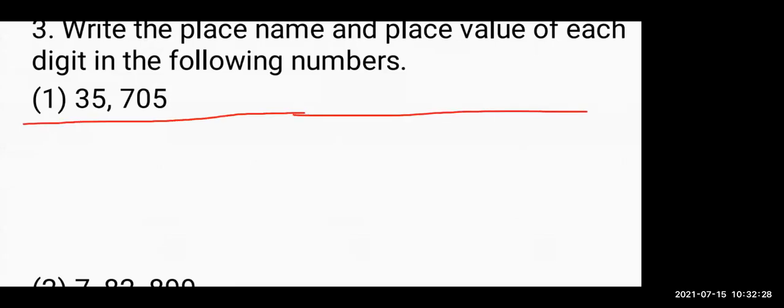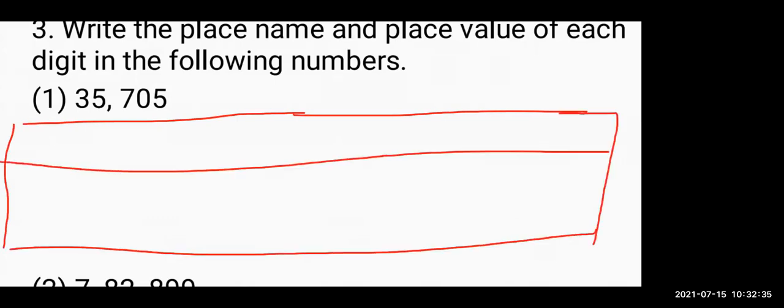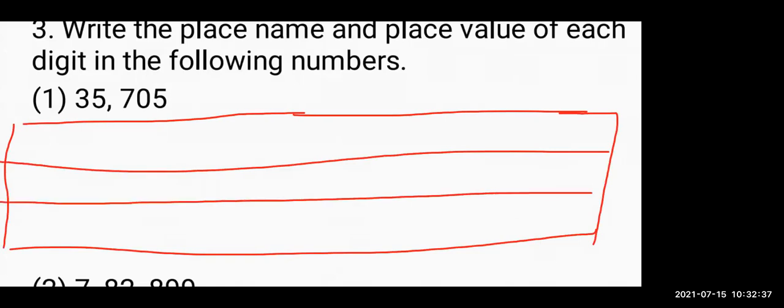First you have to make the table, with 3 columns. In the first column, what did I tell you to write? I want answers from your side. That I also explained in the example sum. Very good.